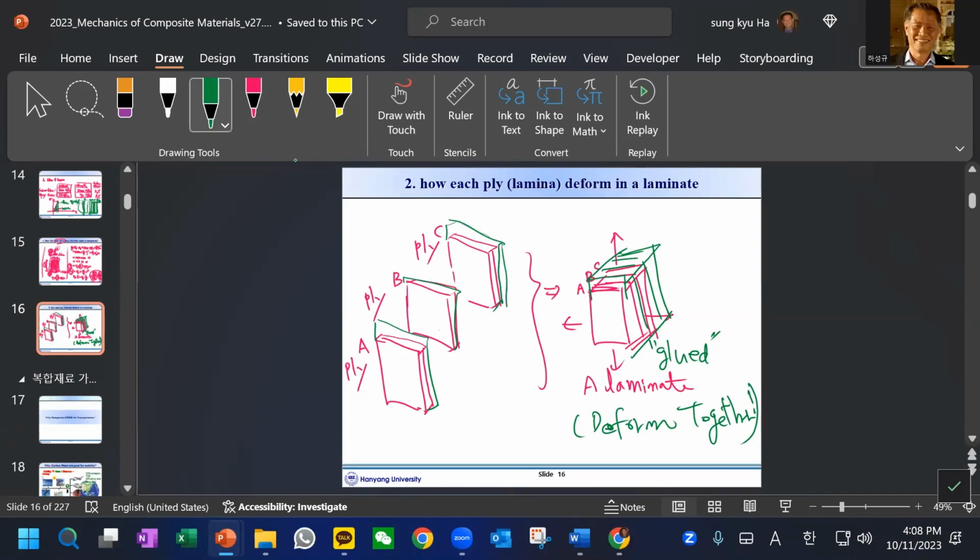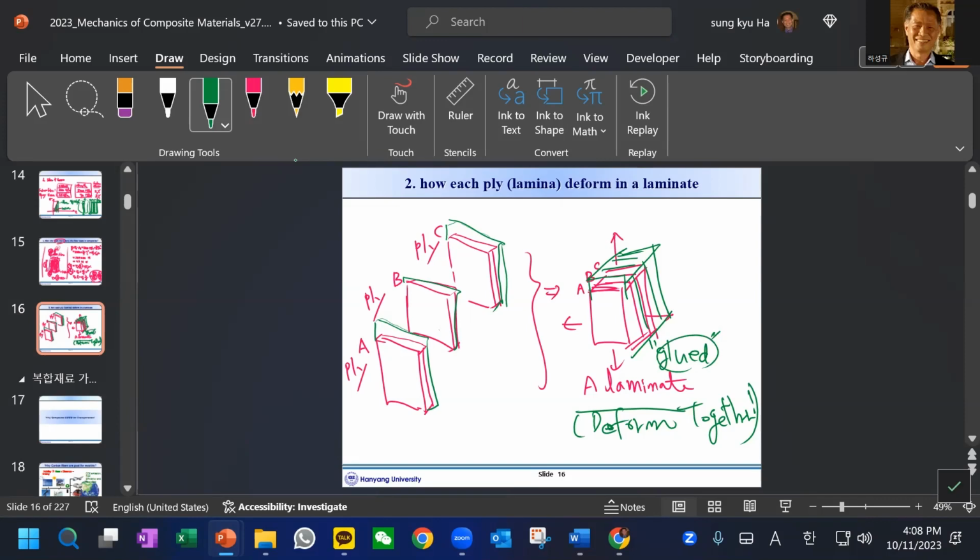So we cannot say how much deformation there is when they are individual plies. But in a laminate, they are glued together, they deform together.